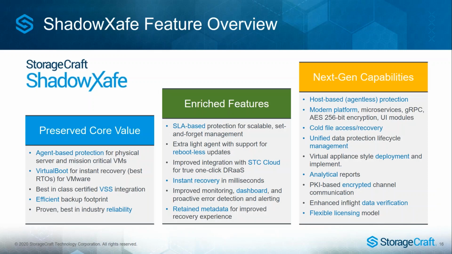That is a core component, as I showed earlier, shared technology across our portfolio of products, and is what gives us a huge leg up in being able to protect not only physical machines, but also VMs that have specific requirements around RTO or RPO, and requirements around not causing any impact on the performance of the host where those VMs are running.